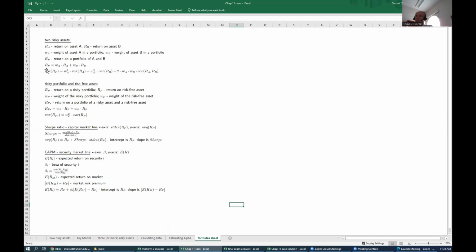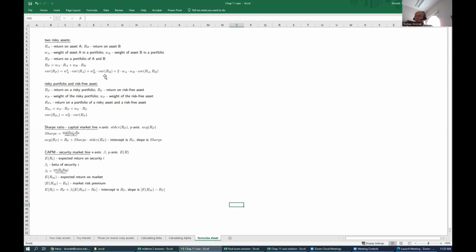And that's captured in this formula right here. Because the return on the portfolio is a linear combination of the return on the individual assets, and therefore we can solve for variance. We don't have to create all the time series of each of these portfolios and calculate standard deviation that way. We can calculate standard deviation by just calculating variance and then taking a square root.